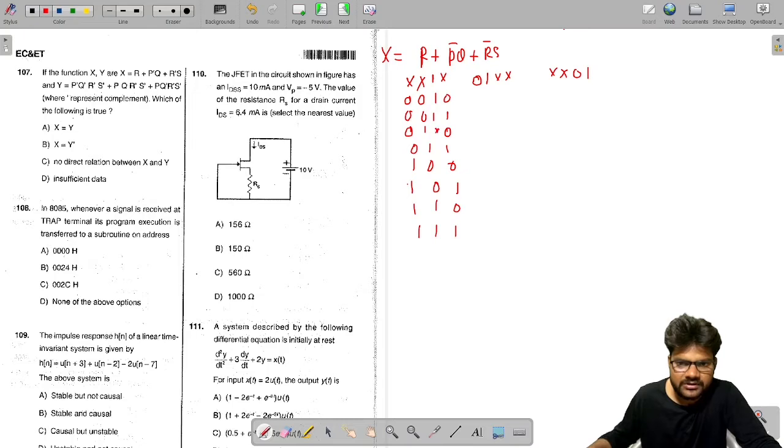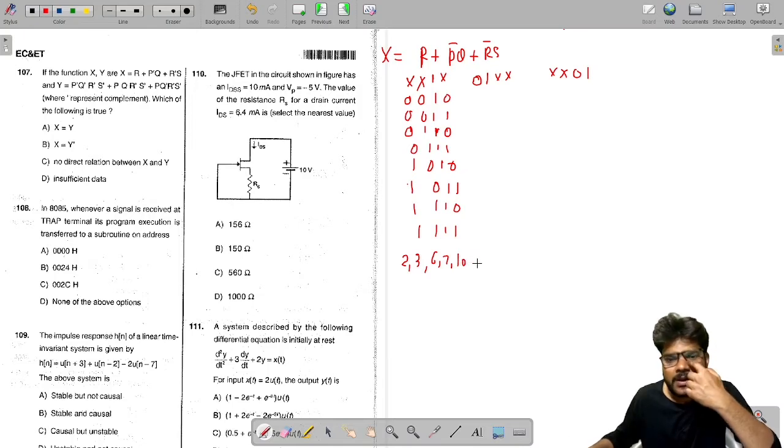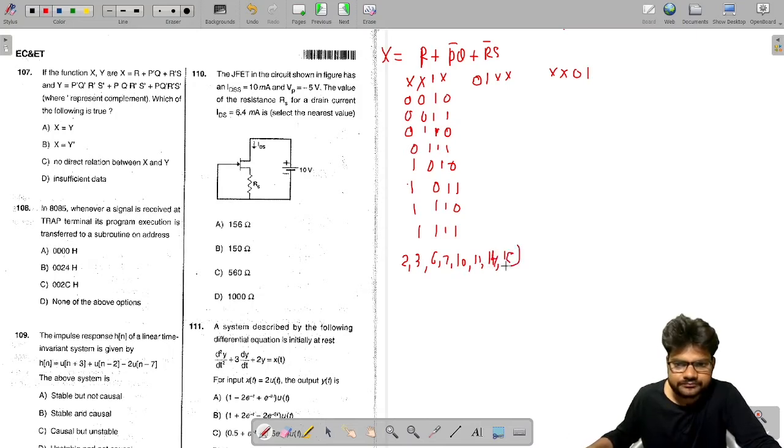So let us write it down, 1 1 1 1 1 1 1 1. Okay, so let us write how many minterms we are getting from here. So this is going to be 2 and 3, 6, 7, and 10, 11, 14 and 15.